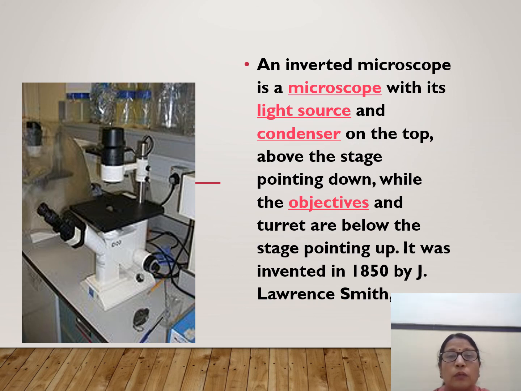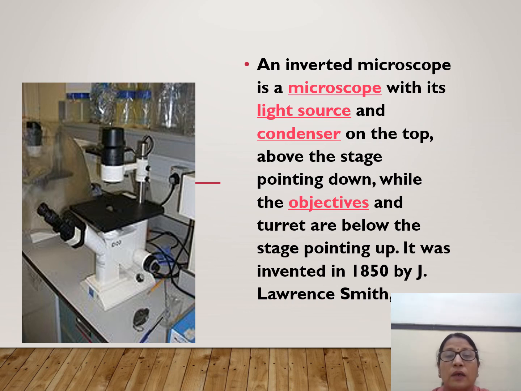In the routine light microscope you are using, the light source and condenser are situated below the stage. But here they are on top, above the stage, pointing towards down, while the objective and turret are below the stage pointing up.